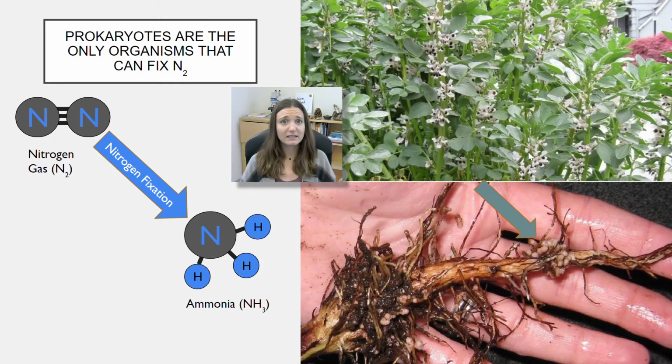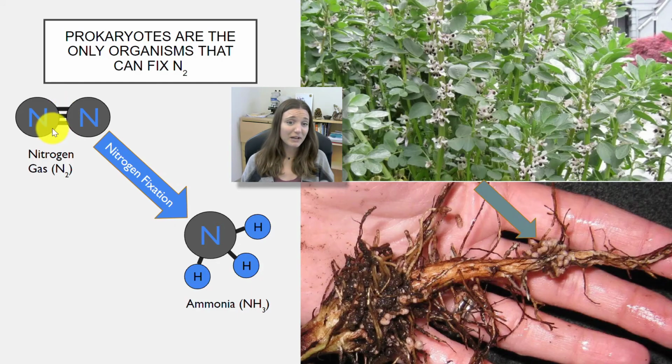It's like 78% of our atmosphere is nitrogen gas, like this. Two nitrogens combined together with a triple bond between them. Most organisms need nitrogen. It's a huge component of our DNA and our RNA, and we need a lot of nitrogen. But not many organisms can break up that triple bond. That's a really strong bond, yeah?